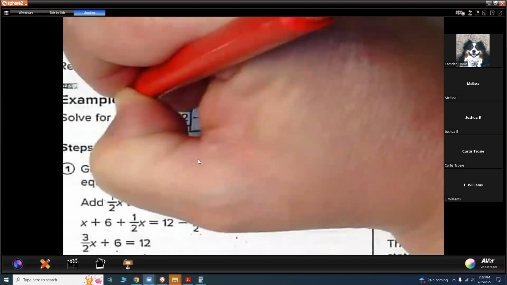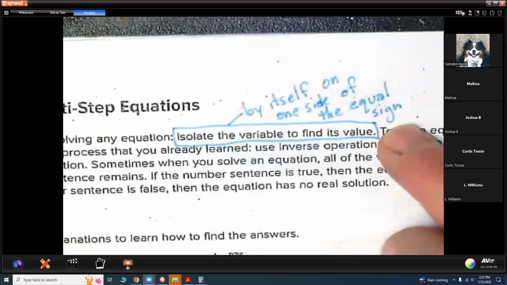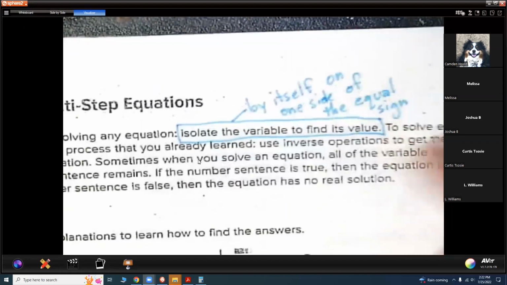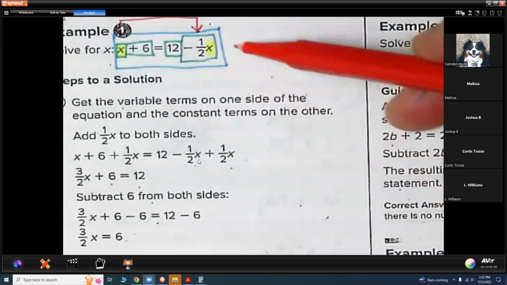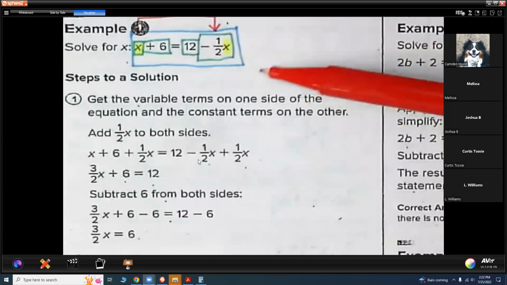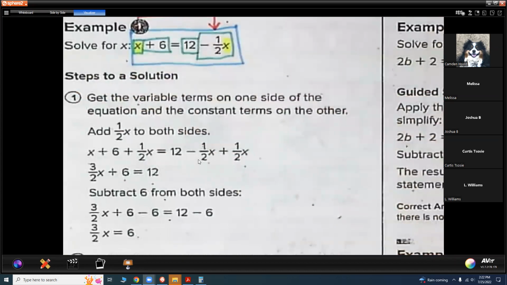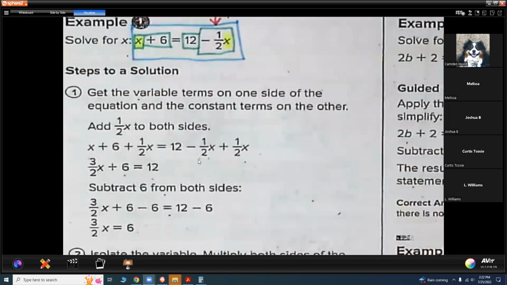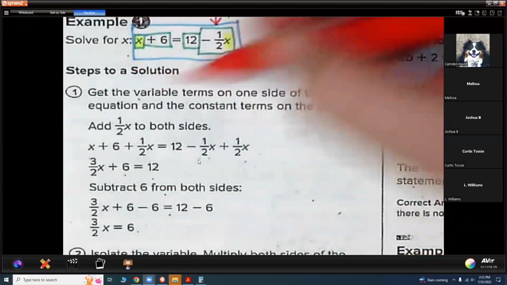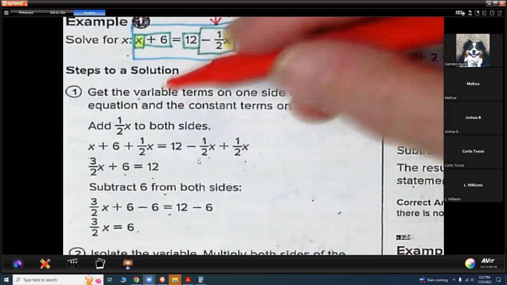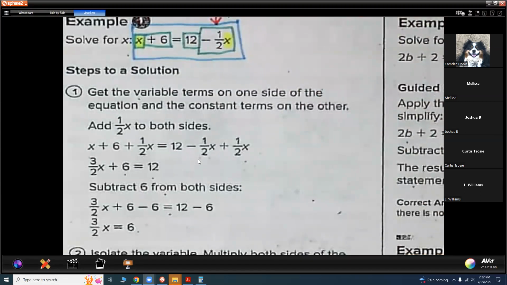So of course, our goal is to get x by itself on one side of the equal sign. Now we have to figure out that we've got x's on both sides. So we need to combine like terms before we can do any of our solving steps, like subtracting 6 from both sides, multiplying or dividing.